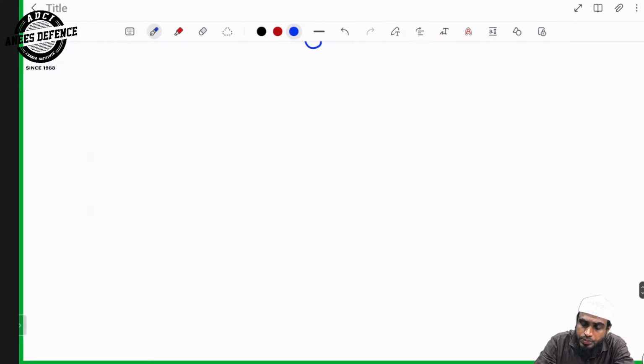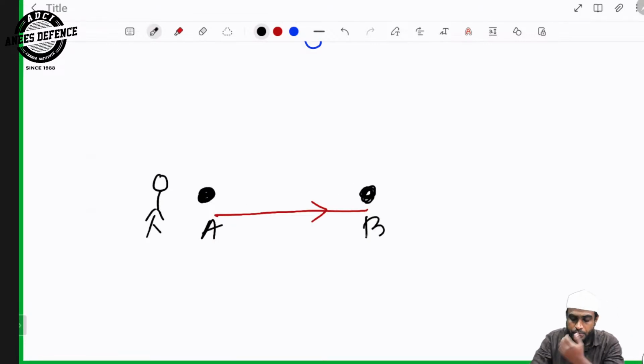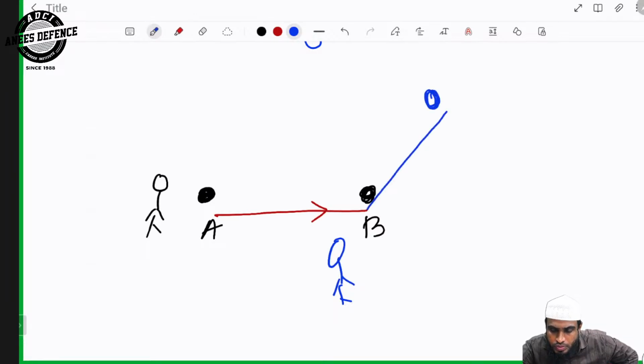For example, if somebody is playing football, one football is here, a person kicks it and the ball comes to this particular point. This is from A to B. Another person kicks the same football from this position and the ball moves like this and reaches this point.